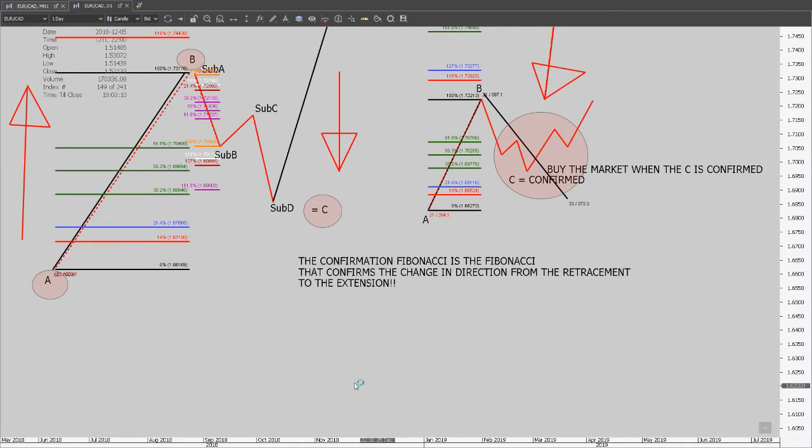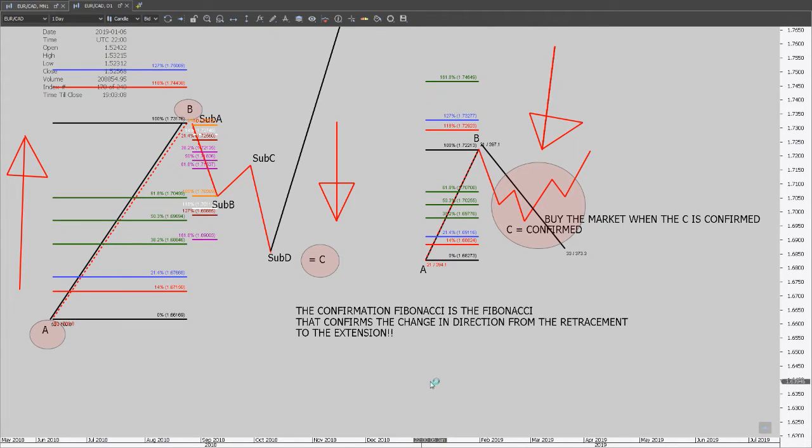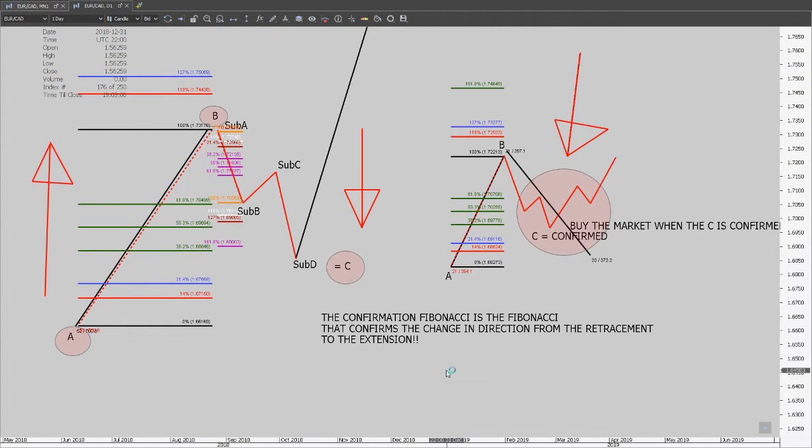So this is what the confirmation Fibonacci is for.